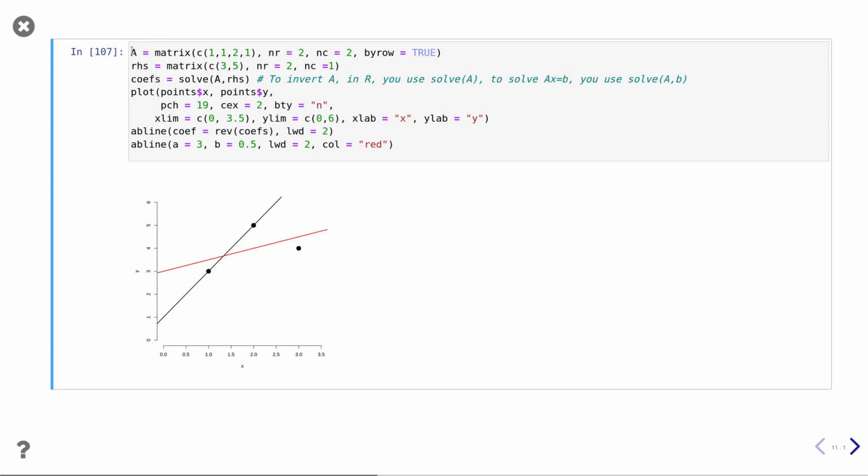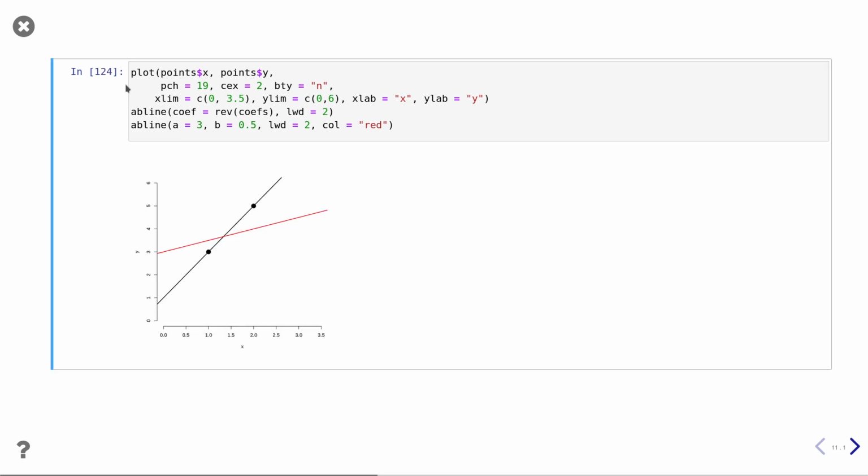I wouldn't have needed to do the computation again. I've done it already, so I can evaluate this. So what I'm doing here is plotting again this first line, and then I thought, okay, I forgot the third point on the other hand.